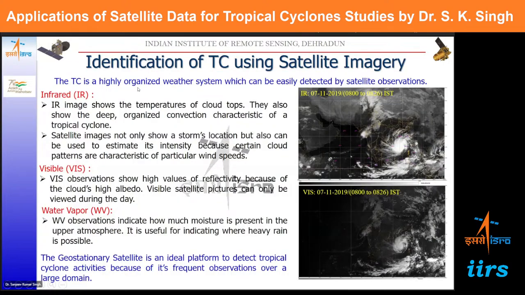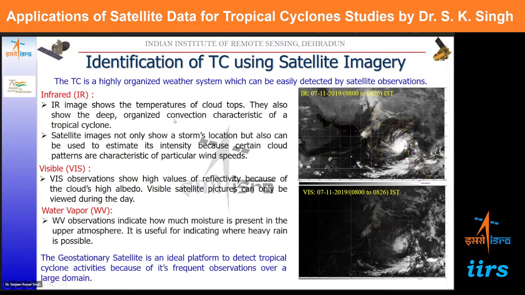Already many things have been covered in the previous lecture about satellite images and how the satellite provides information. Now I will show, in the context of the tropical cyclone, how the satellite image can be useful. There are the infrared image, the visible image, and water vapor.